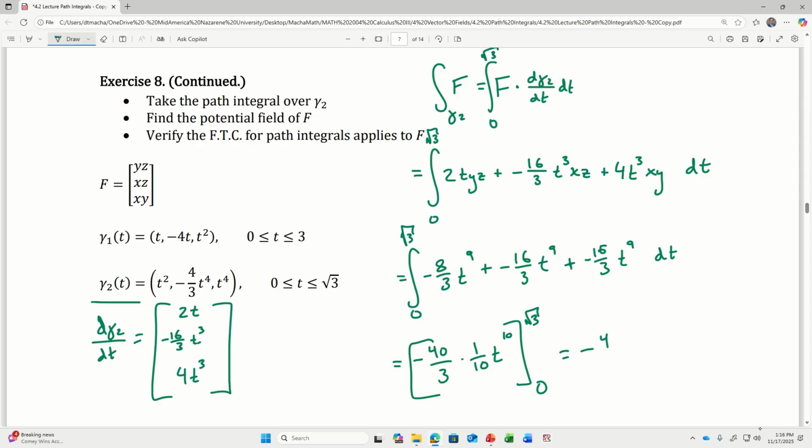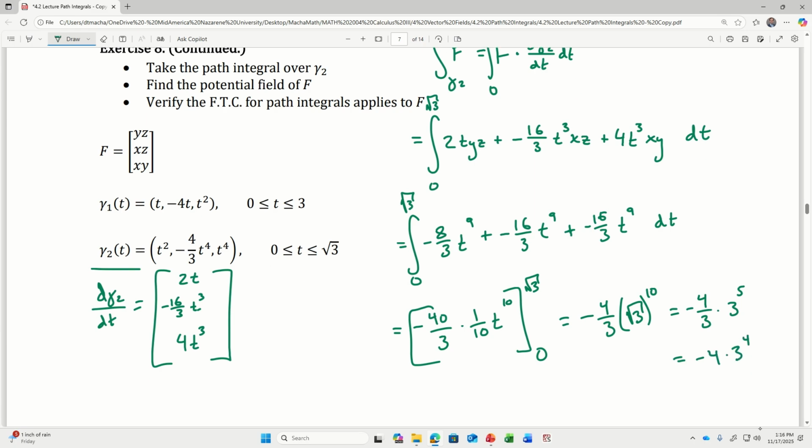Or negative 4/3 times the square root of 3 to the 10th power, which is negative 4/3 times 3 to the 5th power, which is negative 4 times 3 to the 4th power, which is negative 4 times 81, which is negative 324. Haha. So I'm glad I didn't make any mistakes because we got the same answer.